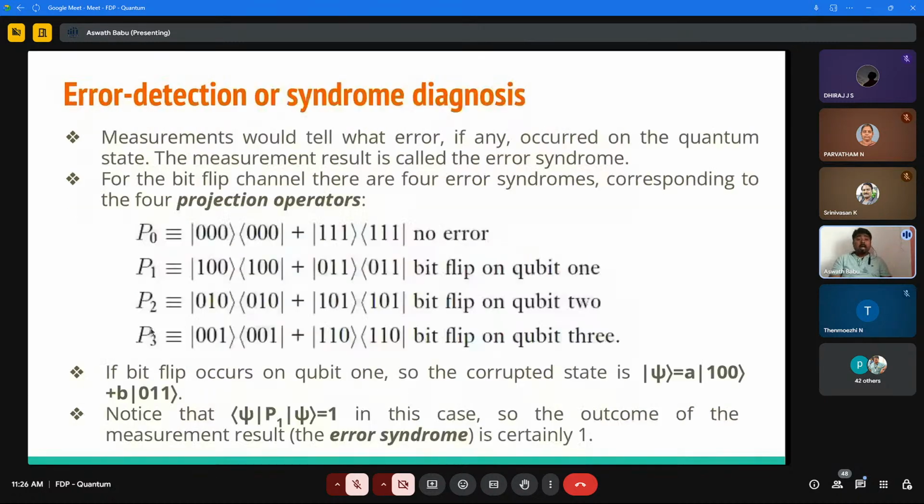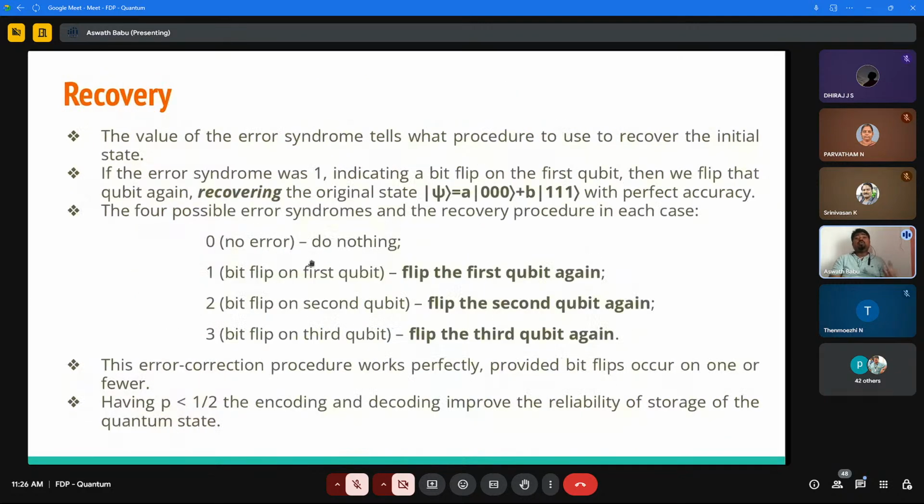But if P1 measurement on psi gives you 1, it means the first bit is compromised, the first bit is flipped. For that we need to do the recovery: flip the first qubit again, back to the original.